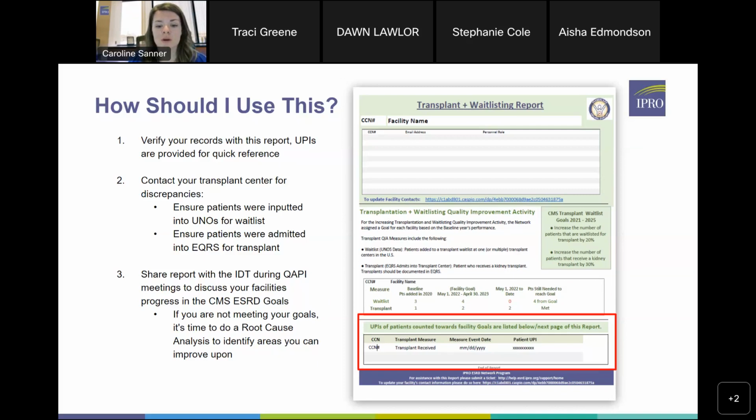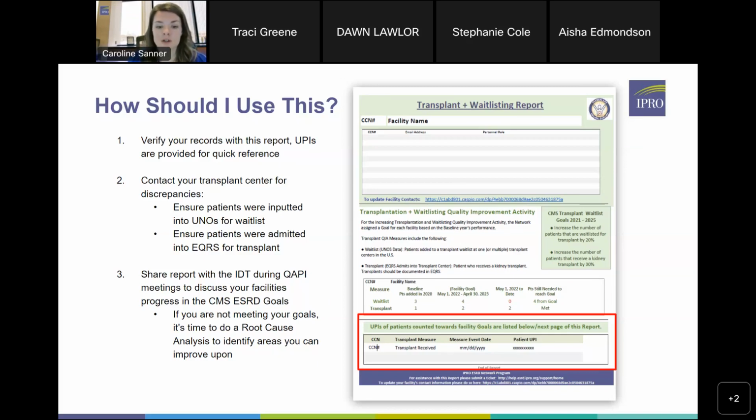So what you should do when you get the report, if you're curious which patient we're referring to, look up that patient in EQRS using the UPI that we provided. If you notice there's a discrepancy, your first step is to contact the transplant center. When you talk to them, ensure the patients were inputted into UNOS for waitlist, ensure that the patients were admitted into EQRS for transplant.